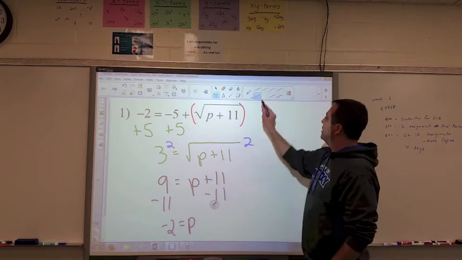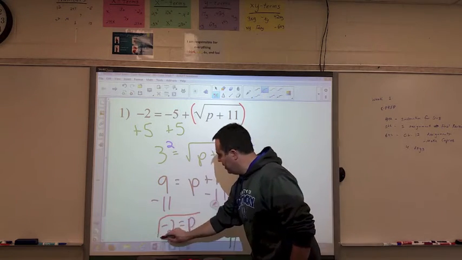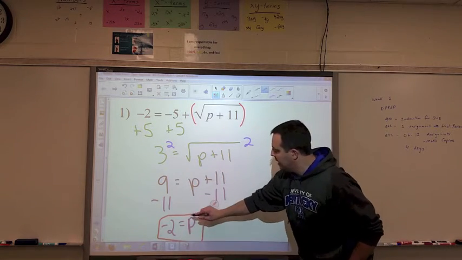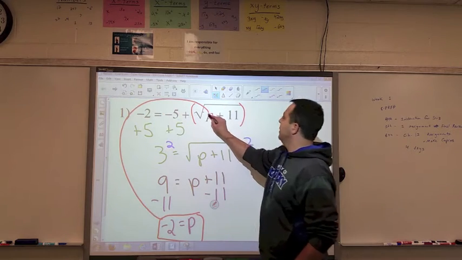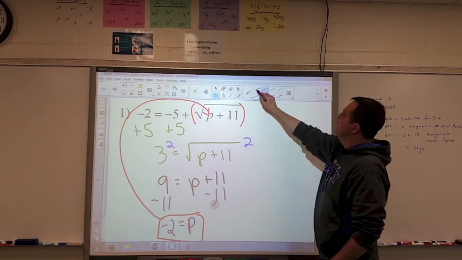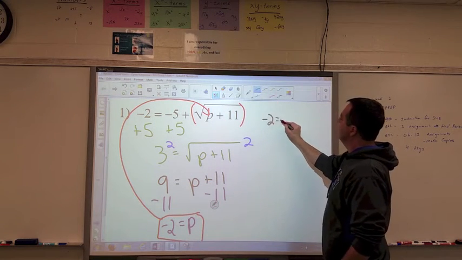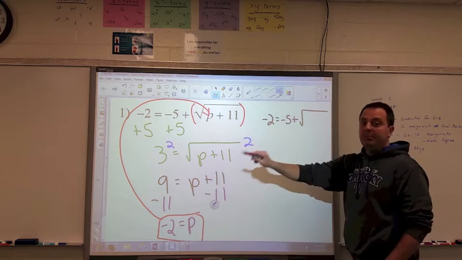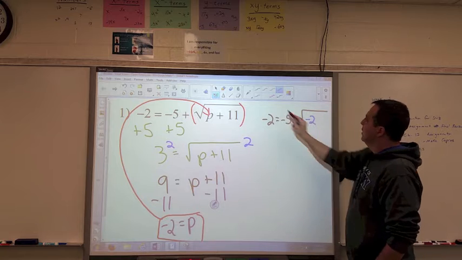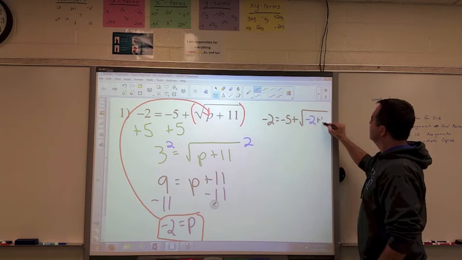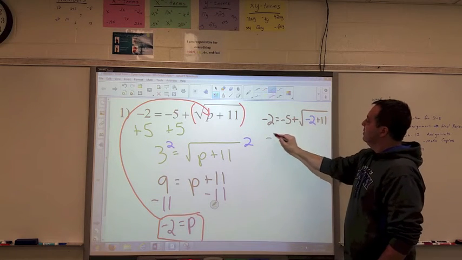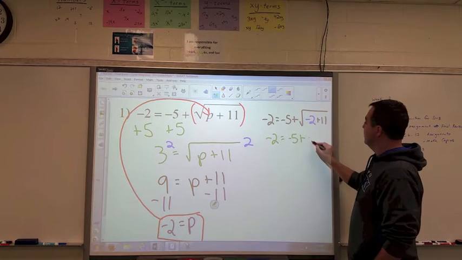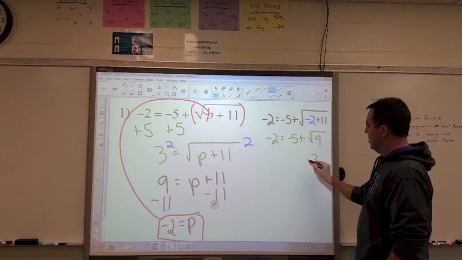Now we want to check to make sure that is the correct solution. And I will require that you do this on your final as well. So we'll take p equals negative 2 and we'll plug it back into the equation. So negative 2 equals negative 5 plus the square root of negative 2 plus 11, so negative 2 equals negative 5 plus the square root of 9, or 3.